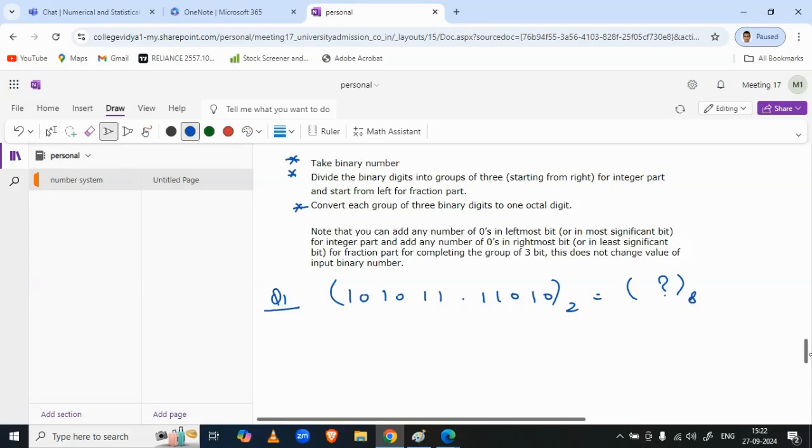The binary number has base 2, the octal number has base 8. Now, first of all, you have to make groups of 3 bits. For the integer part, we already defined that we start from the right, right to left.